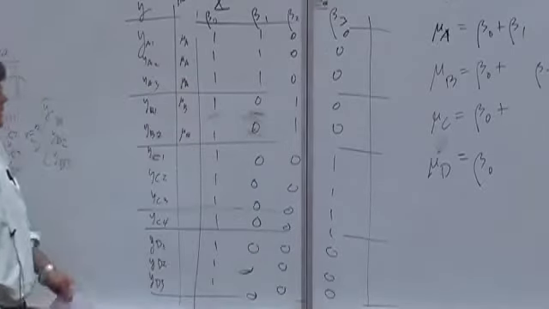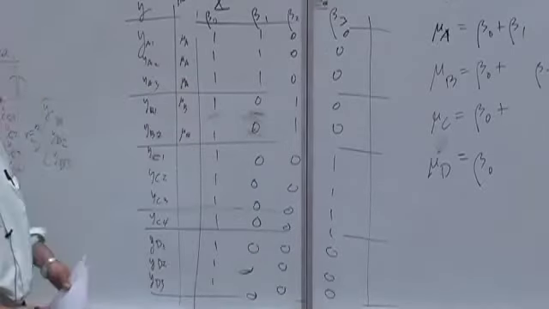So if I actually write down X beta, where beta is beta 0, beta 1, beta 2, and beta 3, what does X beta look like?